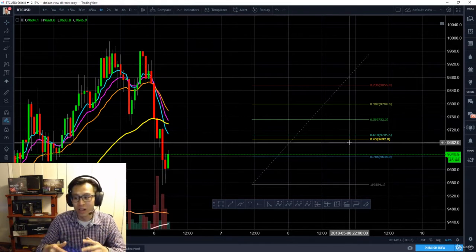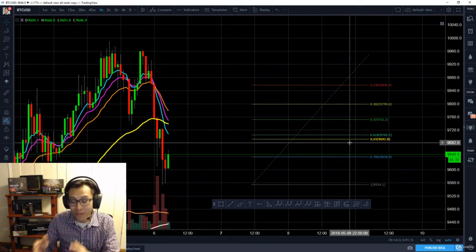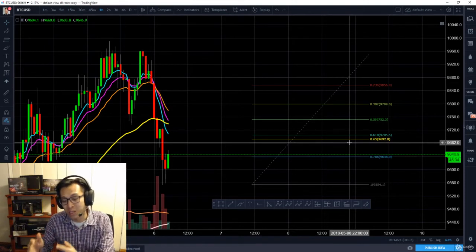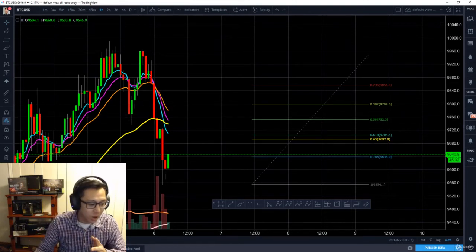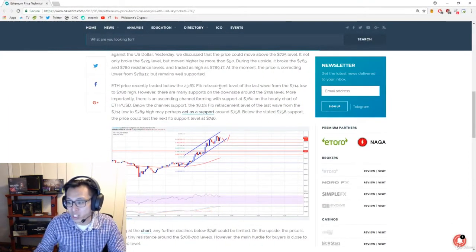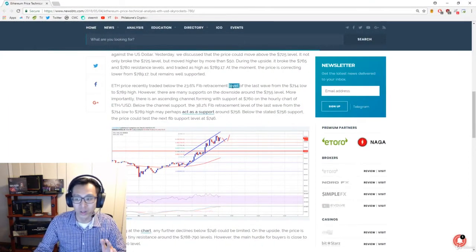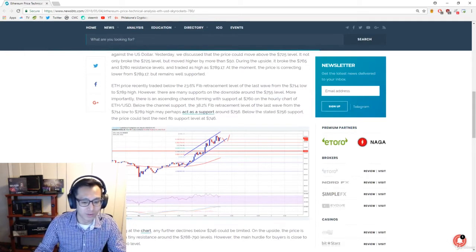So we find the Fibonacci ratio, especially the golden ratio, 618, everywhere in the universe. And the good news is it's actually found in charts as well. This is why we're always going to hear people talk about the Fibonacci retracement level, which we're going to go over in very high detail in another video.